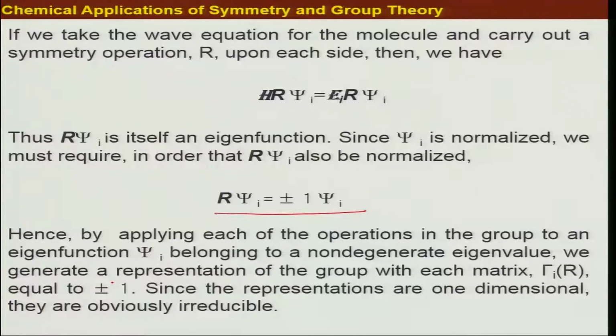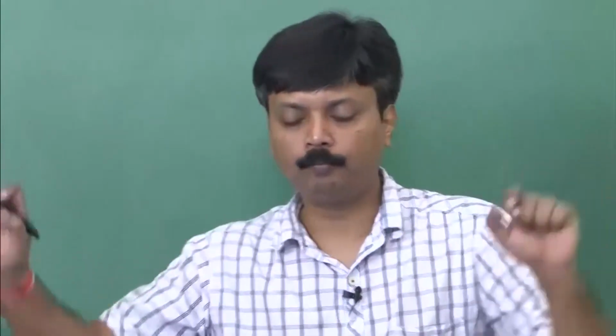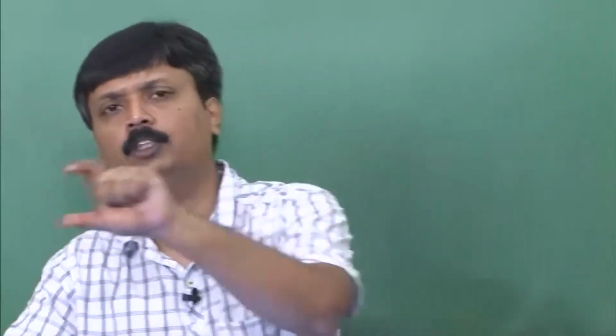Now we have just seen that R psi I equals plus or minus psi I. That means the eigenvalue is plus or minus 1. So the elements of this representation gamma I for any given symmetry operation will be equal to either plus 1 or minus 1. So the overall representation that I will get for the point group, taking this psi I as my basis, will have characters which are only unity, either plus 1 or minus 1.